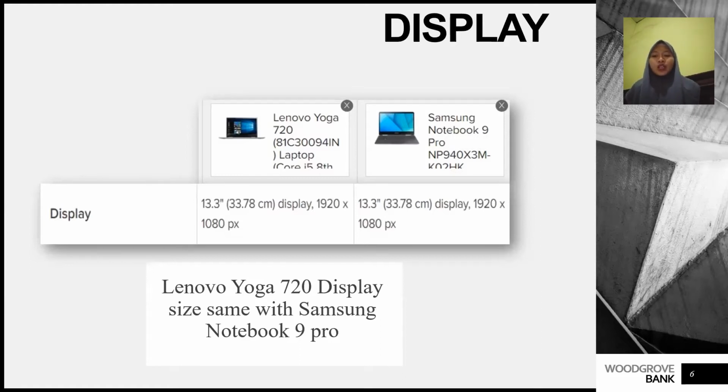Display is a computer output surface and projecting mechanism that shows text and often graphic images to the computer user.